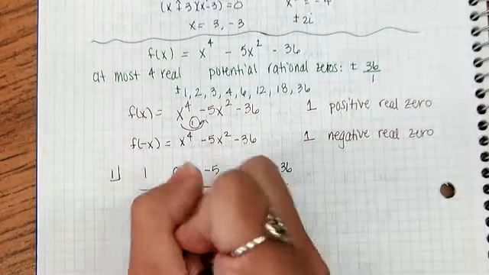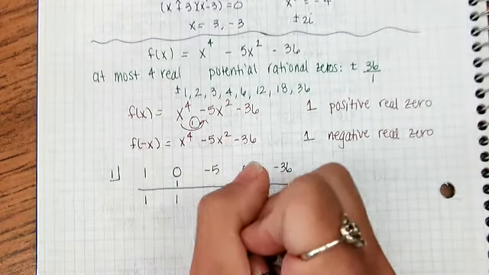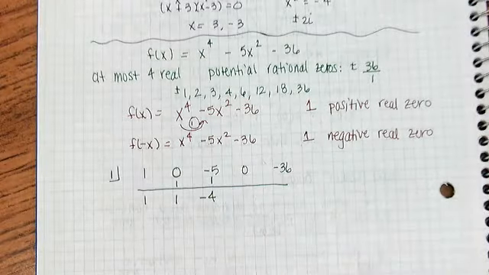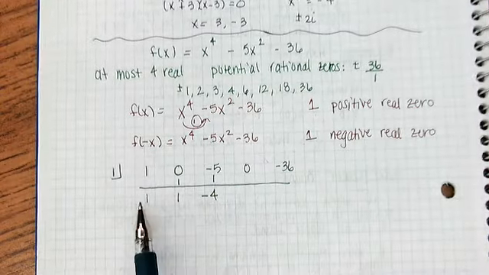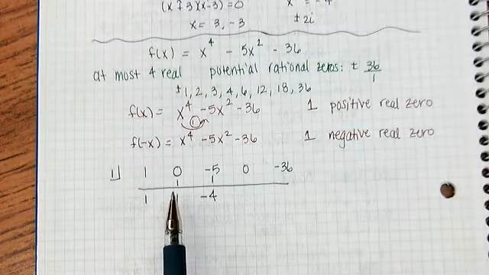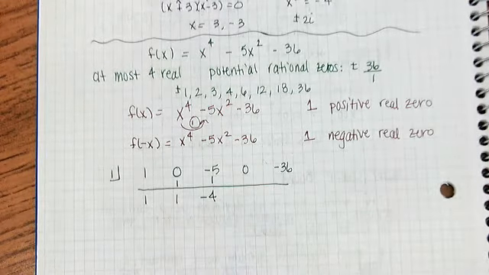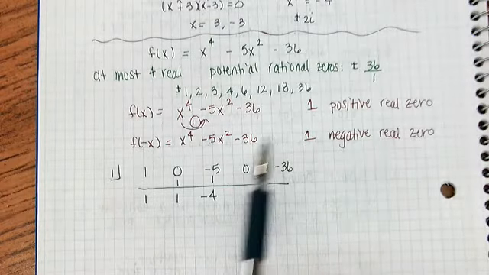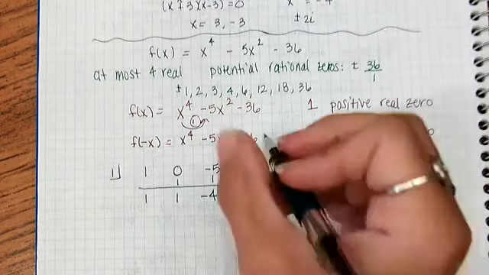Bring down the 1, 1, 1, 1, -4. Okay, I can tell you right now that this is not an upper bound. 1 is positive, 1 is positive, -4 is negative. So this means that the positive real zero must be greater than 1.